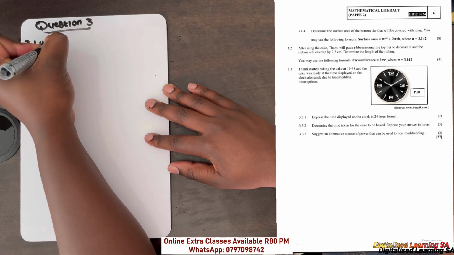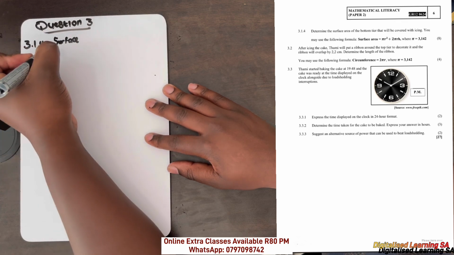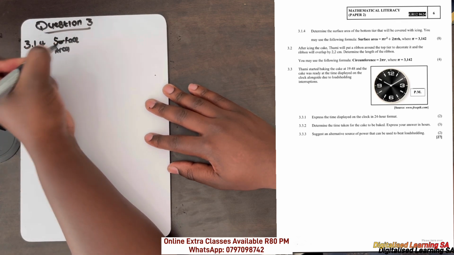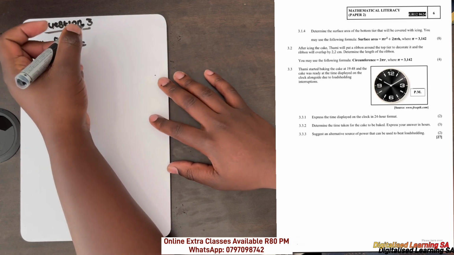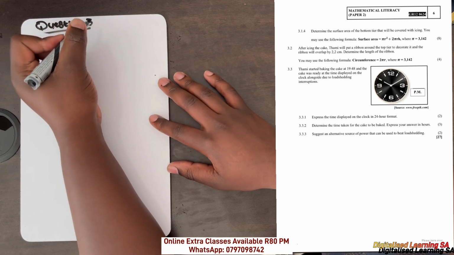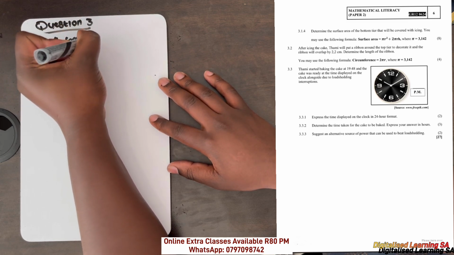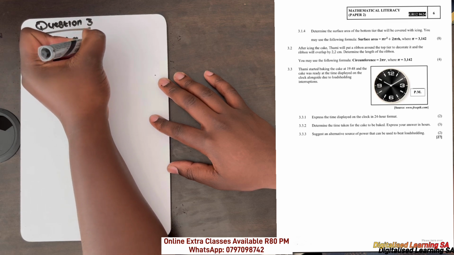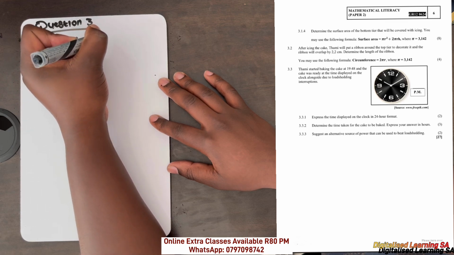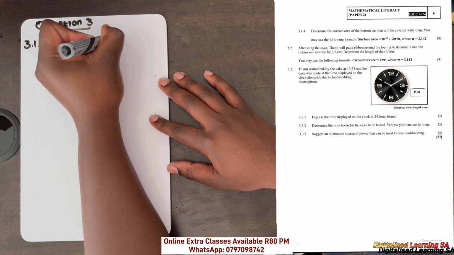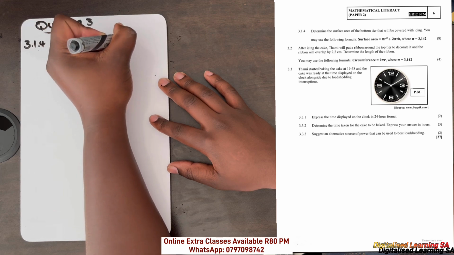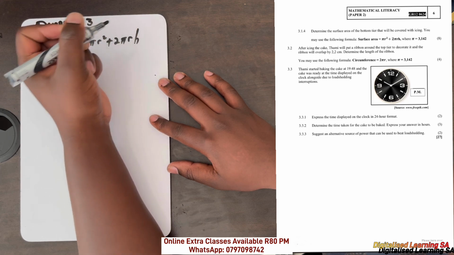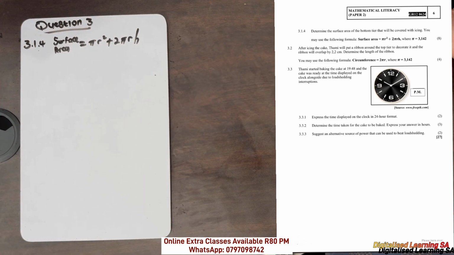The formula is given: surface area equals pi r squared plus 2 pi r h, where h is our height.